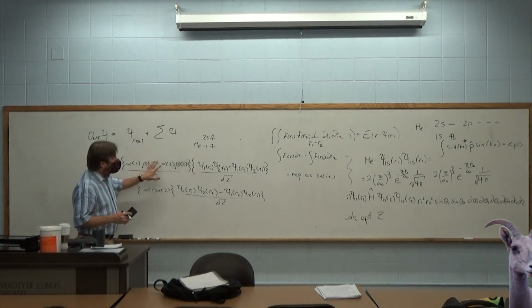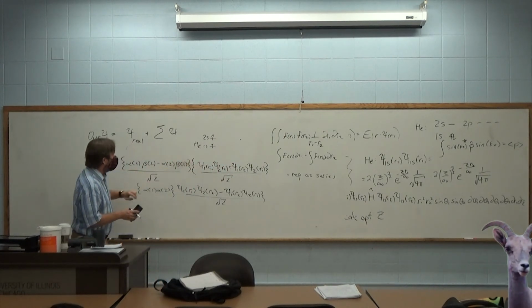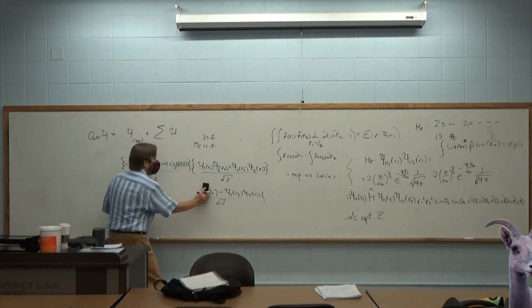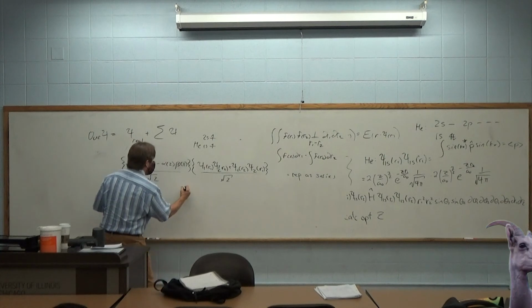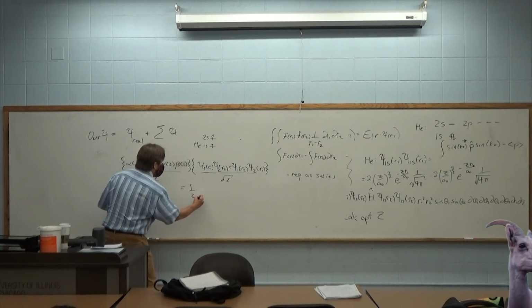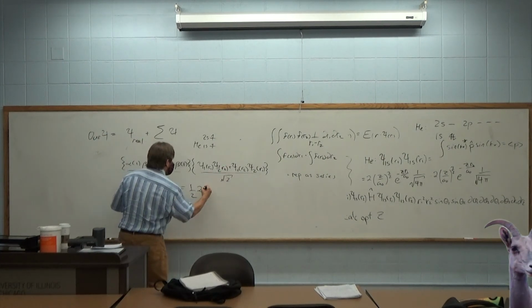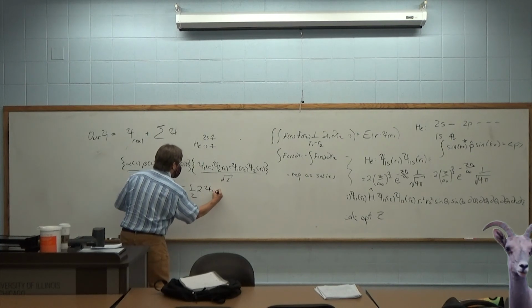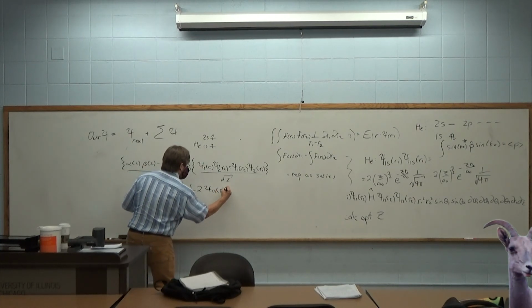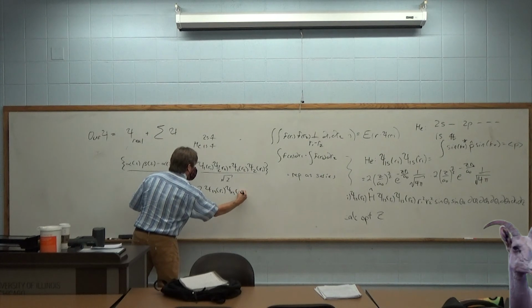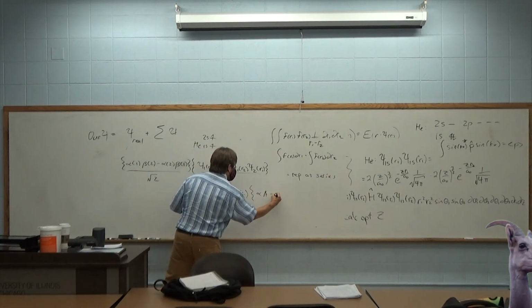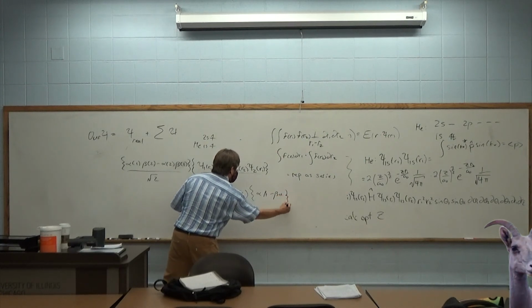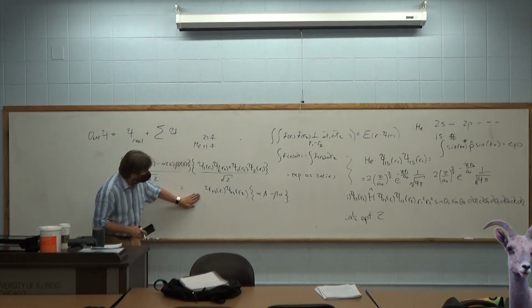Okay, now in your homework, you're going to notice that you don't see this. The reason is because psi 1 and psi 2 are the same. And so what you end up with is 1 over the square root of 2, times 1 over the square root of 2. These are the same orbitals, so it ends up being 1/2 of 2.